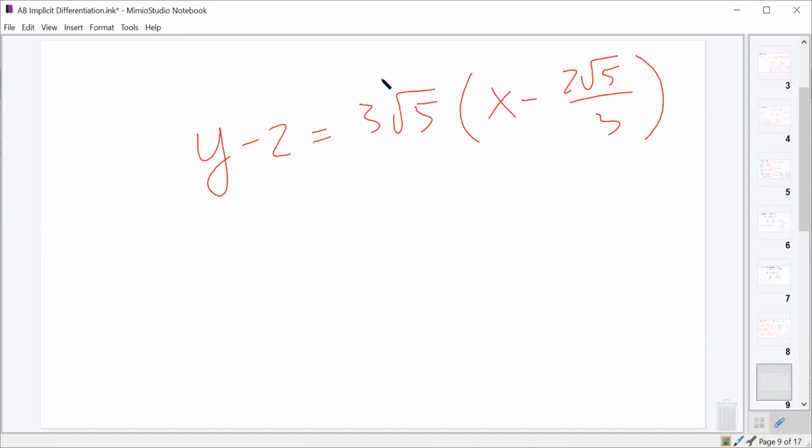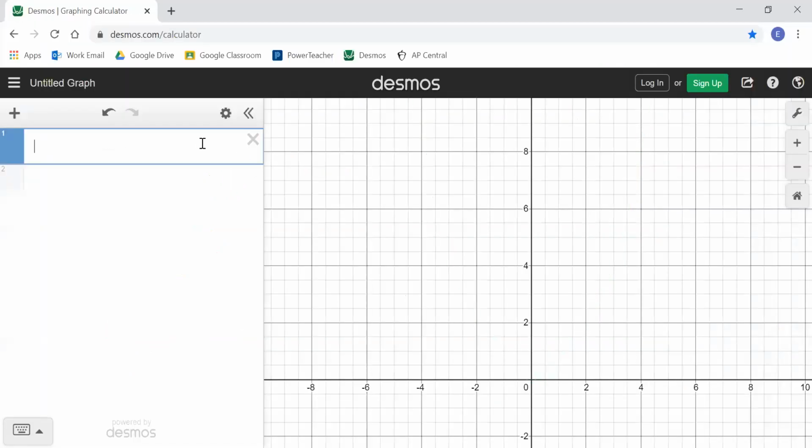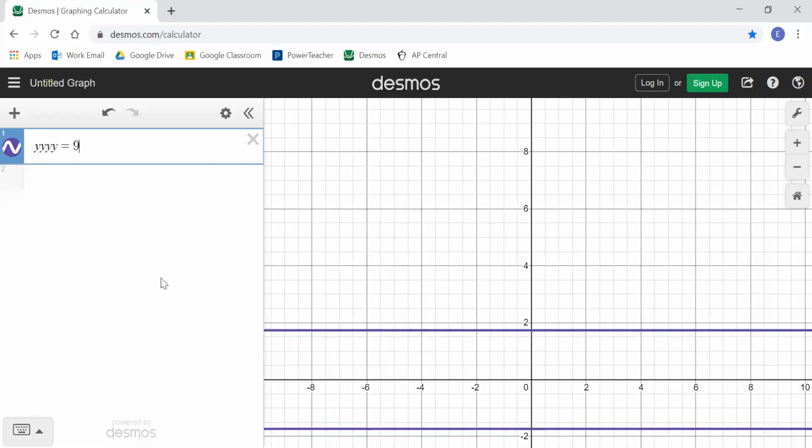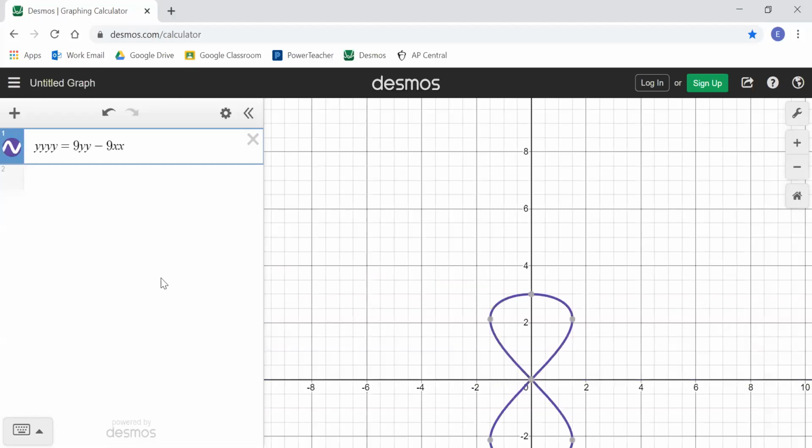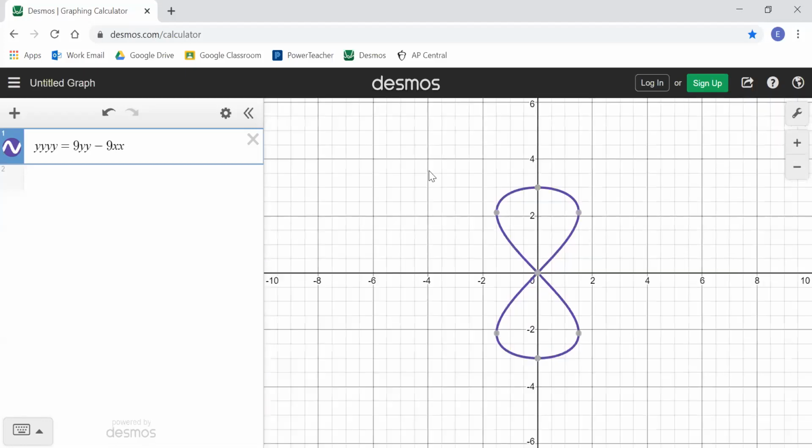And if we go and look on Desmos, we started off with y to the 4th equals 9y squared minus 9x squared. Okay, cool. There's our figure 8.